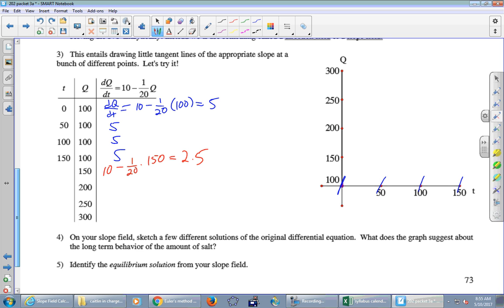My first point is going to be this purple one right here. 2.5 is less than the 5. So you're going to draw something steeper or flatter? Flatter. So you draw something flatter. And I'll just draw the same 4 kind of spots that I drew before.